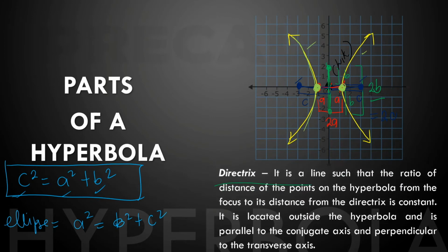And then, the next is the directrix or directrices. So, sa hyperbola, meron din siyang dalawa. Ito yung fixed straight line, parallel with the conjugate axis and perpendicular with the transverse axis.